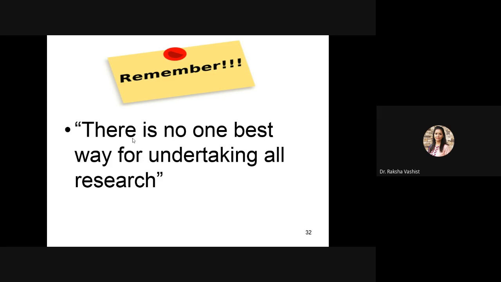Okay, maybe in some data collection or data analysis, different data analysis requires different types of statistical tools. Then you need to learn those statistical tools, those statistical techniques. So keep yourself open to learning. That is the best message I'm giving you.